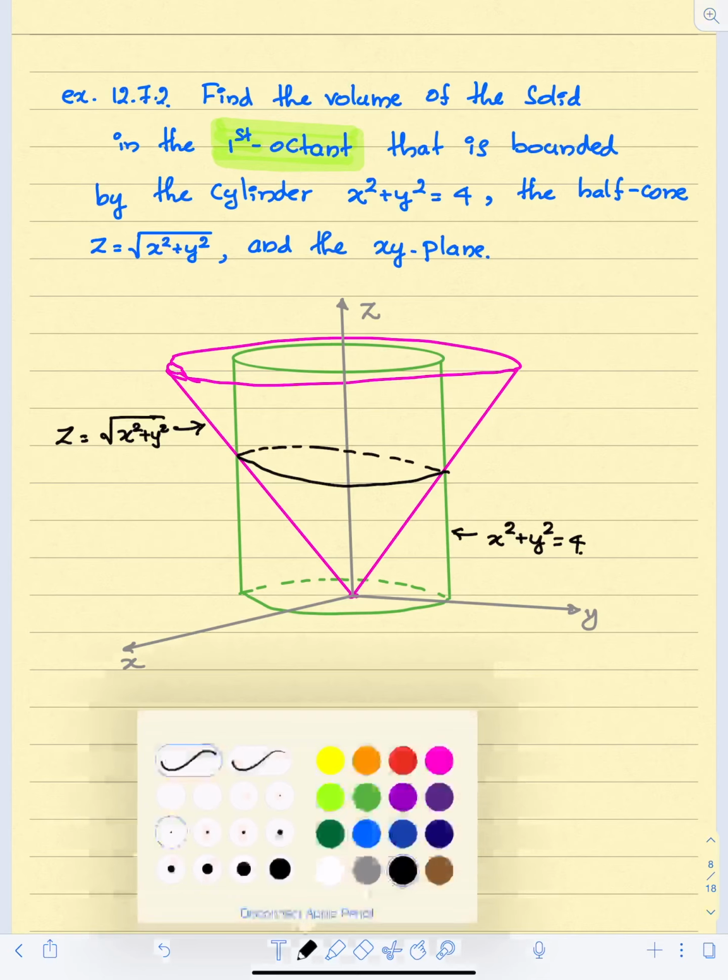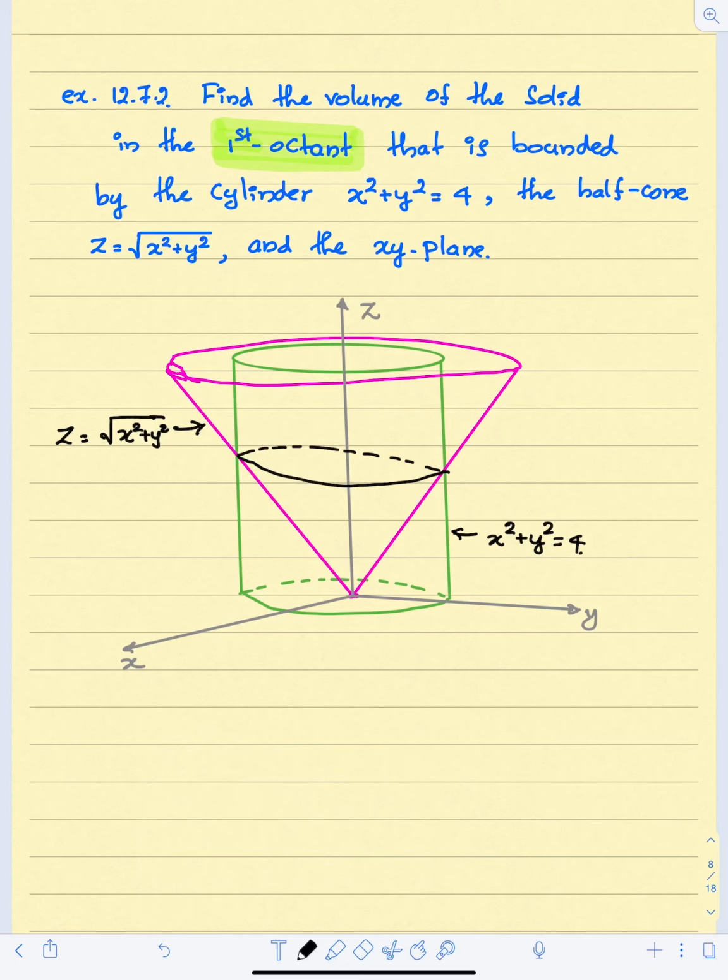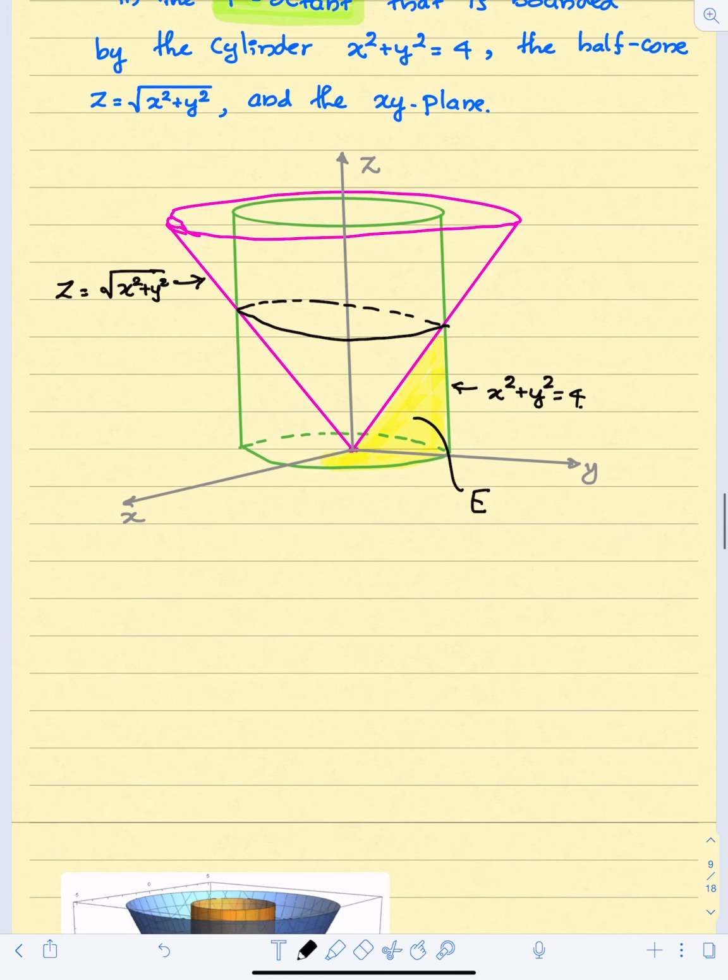Now we need to find the volume in the first octant. If I consider this solid E, it should be over here, in the first octant. This is my solid E.